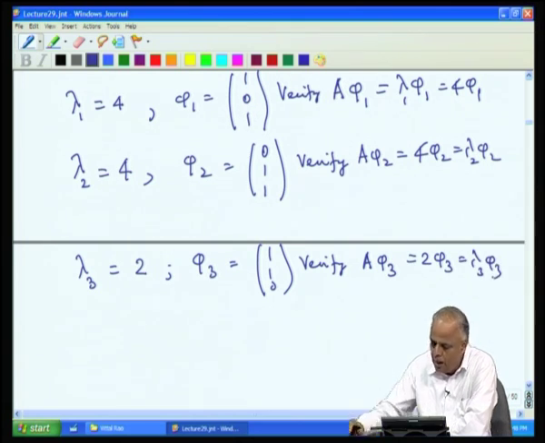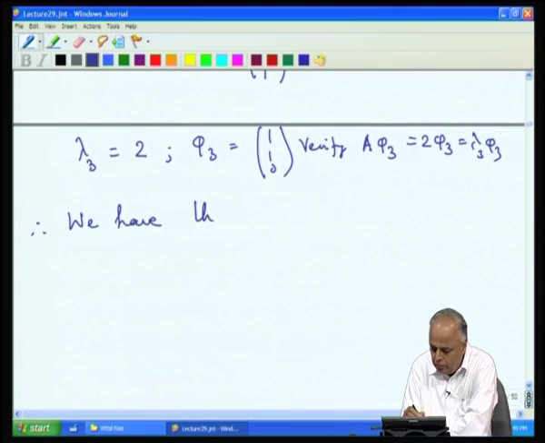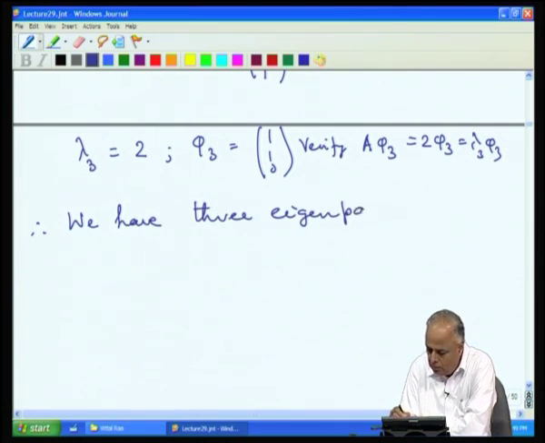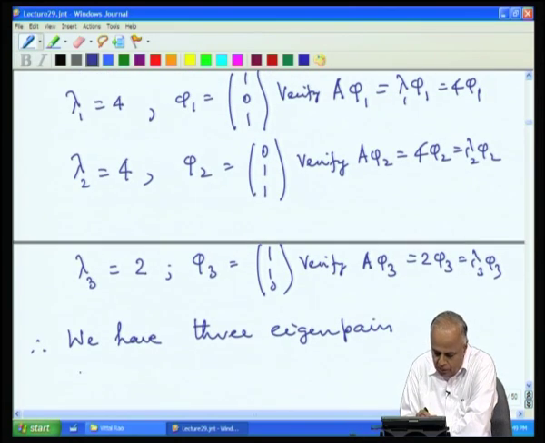And therefore, we have 3 eigenpairs now. The first one is lambda 1, phi 1, which is 4 and 1 0 1.